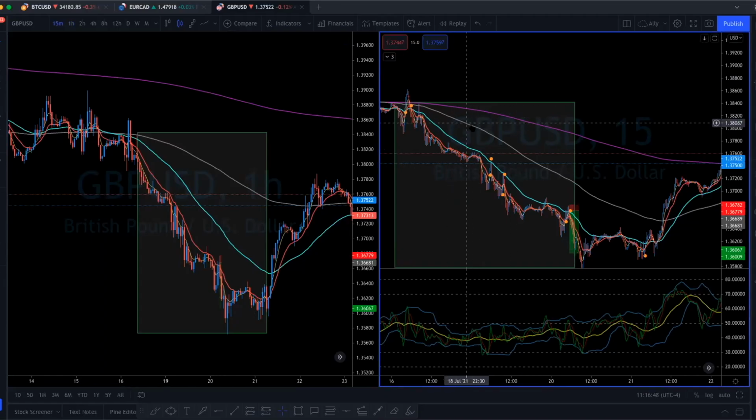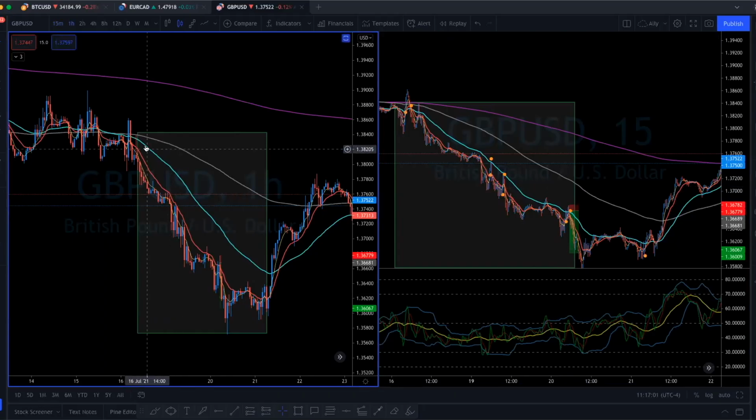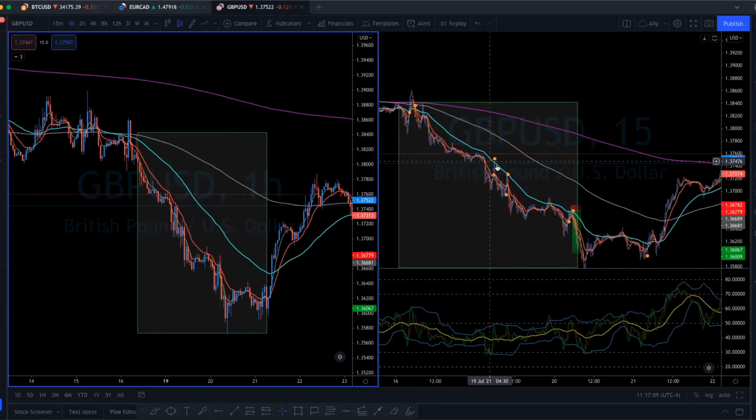Look at the 200, right? 200 is above price. This 200 line represents the 50 EMA on a 1-hour chart. So if you look at the 1-hour chart, the 50 EMA, this is what that 200 is representing. It's just basically telling you that, hey, on the 1-hour chart, price is well below the 50 EMA, which it is.